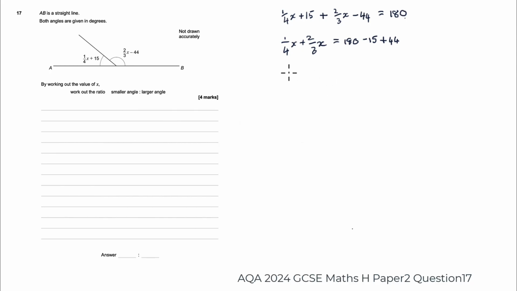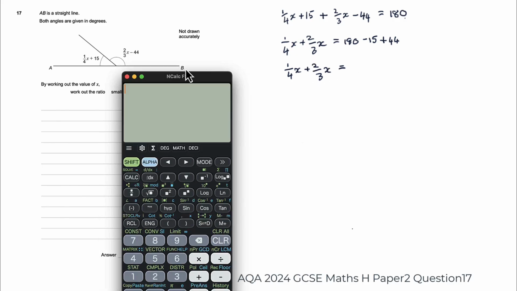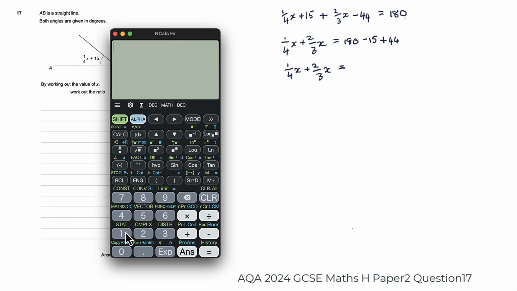Now remember, we do have calculators which you're able to use to do these calculations. So let's bring the calculator on, and we've got 180 minus 15 plus 44. That comes to 209.